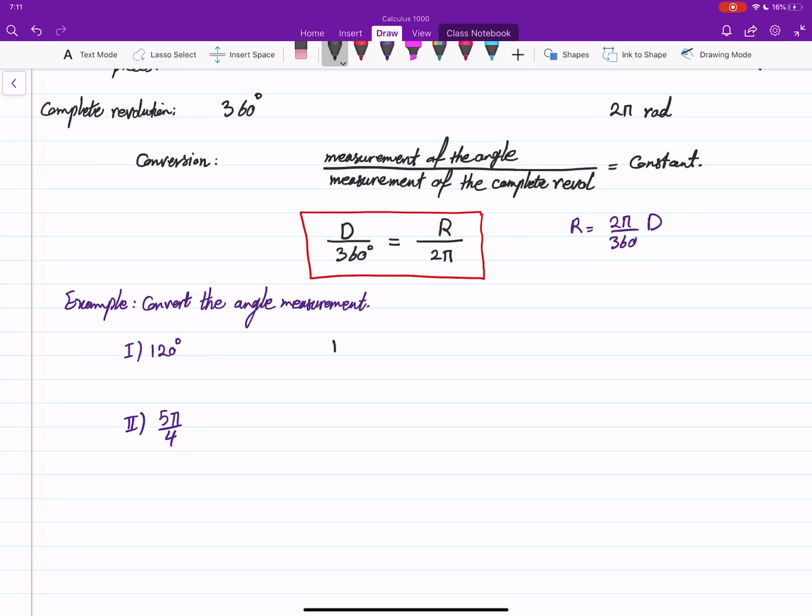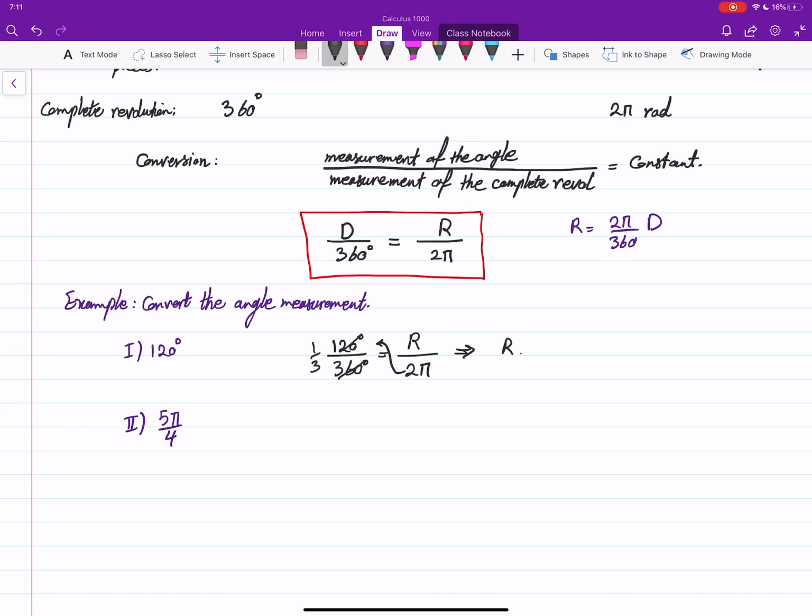120. So if we measure 120 degree to the full circle in degree, it must give us the same as if it is measured in radian over the full circle. Well, I can multiply this to the other side. I actually cancel these to get 1 over 3.